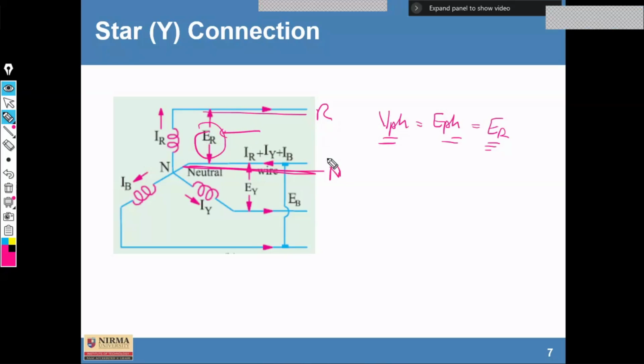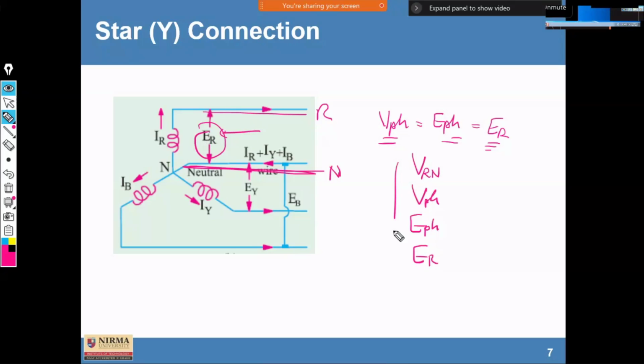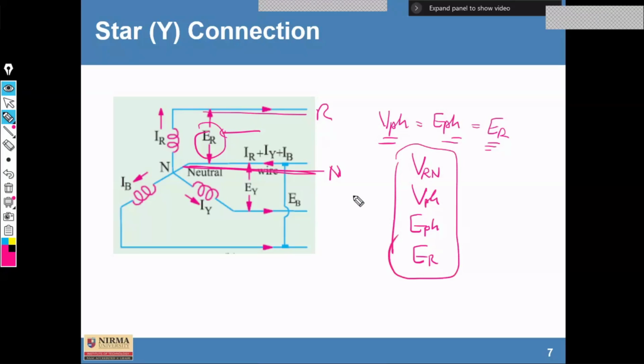So you can also write it as VR, VN, VPH, EPH, and ER. So these are the four different notations used for a single similar kind of quantity.